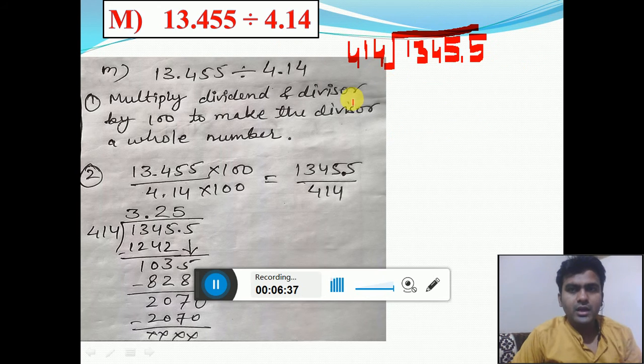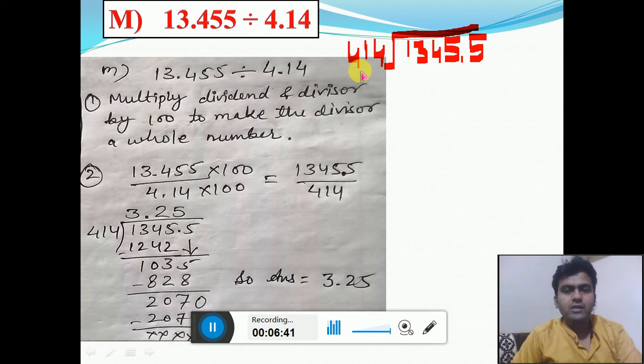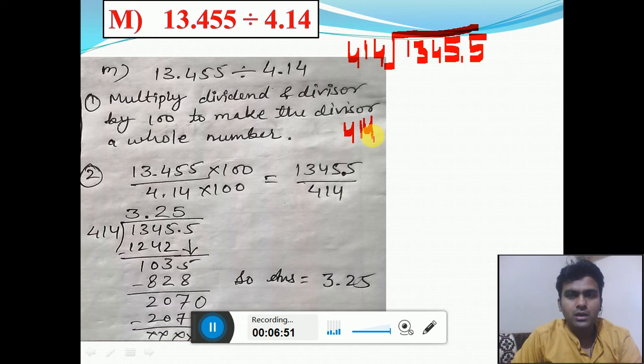The dividend is 1345, and we can easily divide it by 414. So read the table of 414. 414 into what? Into 3. Multiply it by 3: 4 threes are 12, carry over 1. 3 ones are 3 plus 1 is 4, and 3 fours are 12.